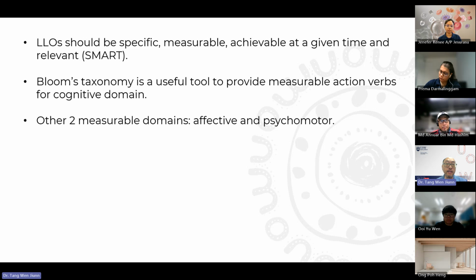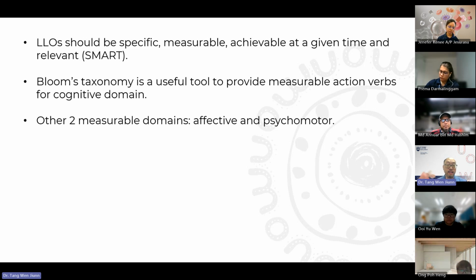And to plan for learning outcomes, Bloom's taxonomy is a good place to start, because it is quite detailed in terms of the verbs. We always refer to Bloom's when it comes to the cognitive domain. Of course, if your lesson is more about moving, then you can look at the psychomotor domain.